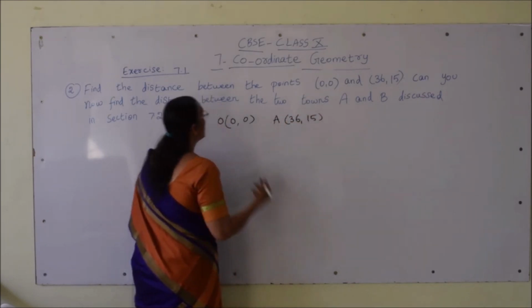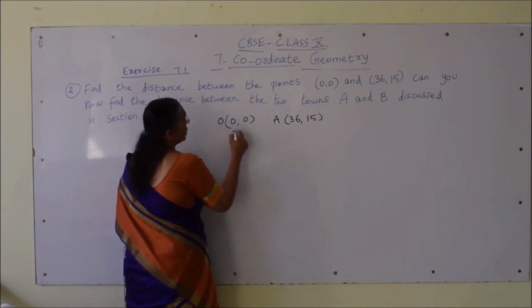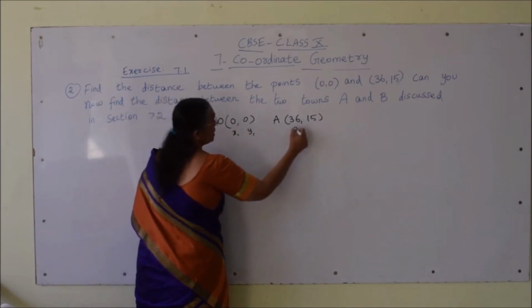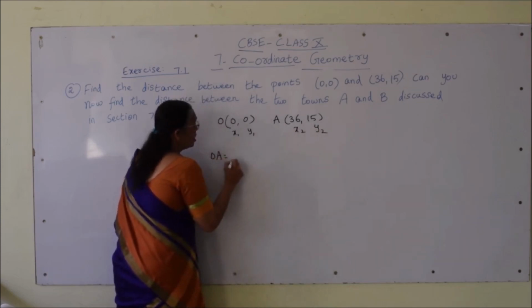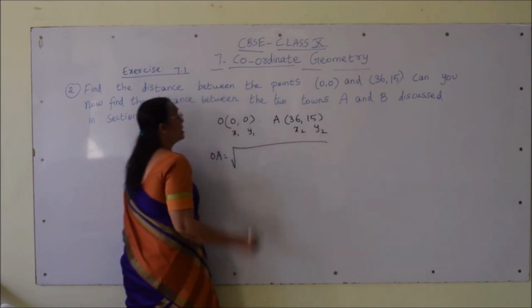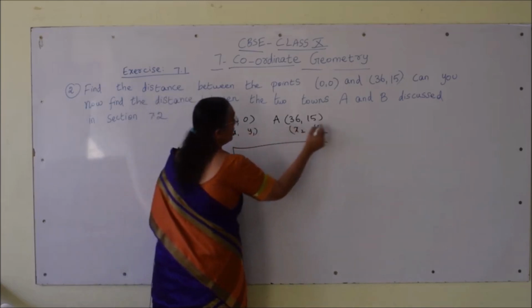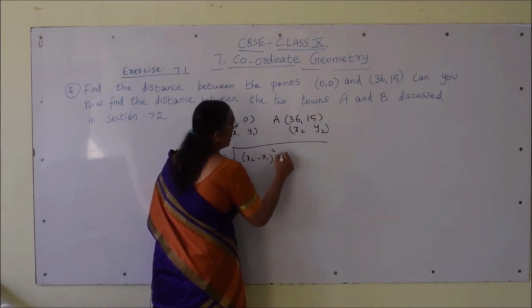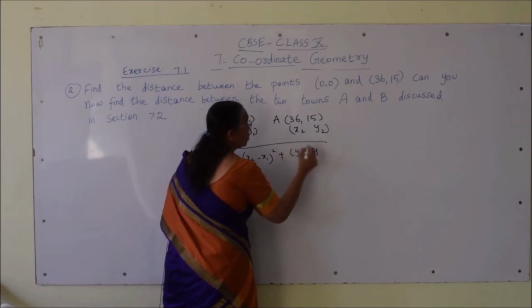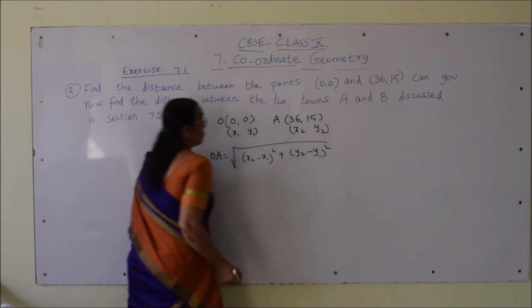Now, consider this point as x1, y1 and this one as x2, y2. According to the distance formula, the distance between the 2 points (x1, y1) and (x2, y2) is given as root over (x2 minus x1) whole square plus (y2 minus y1) whole square.